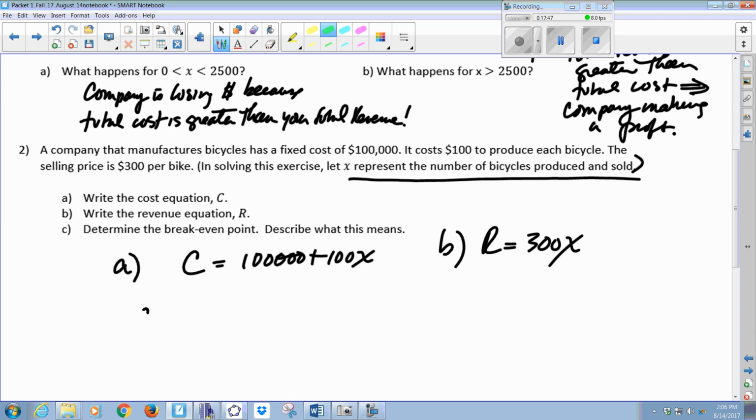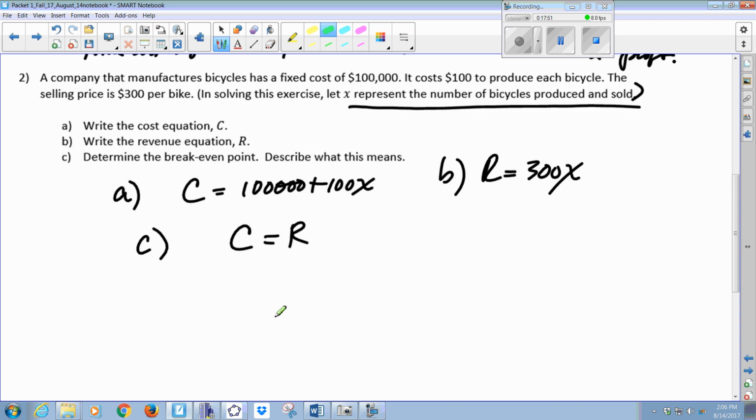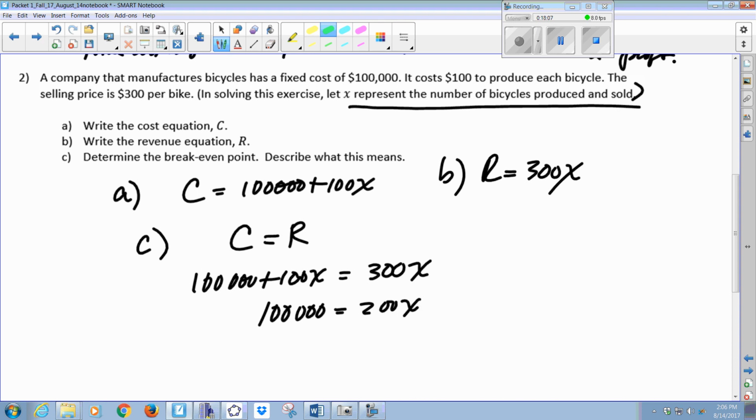So we want to determine the break-even point, which is when does C equal R? So C is equal to 100,000 plus 100x, and R is equal to 300x. So when we solve this equation, we subtract 100x from each side. So we have 100,000 equals 200x. And then we divide both sides by 200, and we get x equals 500.